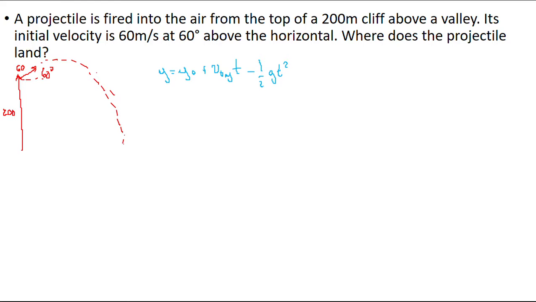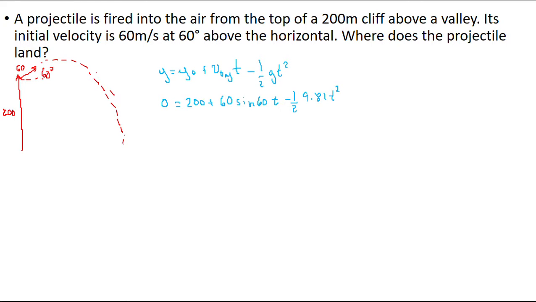Okay, we can plug in some values here. We know that the final position in y is going to be 0, the initial position is 200, plus the initial velocity in y, which is 60. We're in the y-axis, so that means sine of 60, times t, minus a half of 9.81 times t squared.